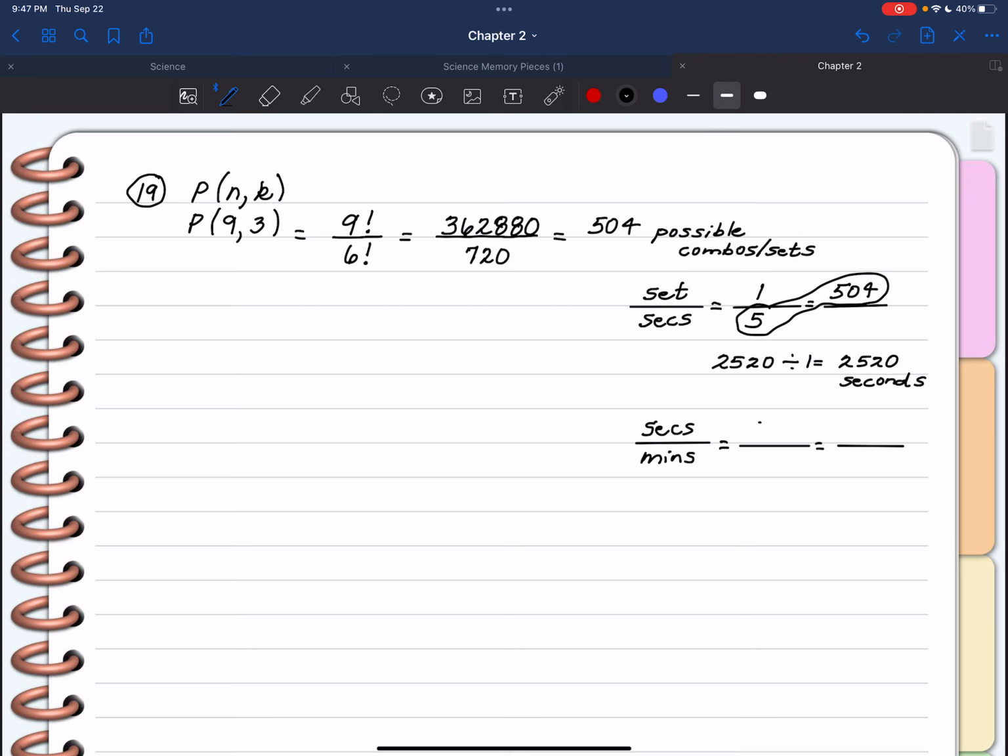So there are 60 seconds in 1 minute, and we want to convert this many seconds. So multiply the peanut and divide by 60. I typed in 52. Good old dyslexia. 42. This is minutes.